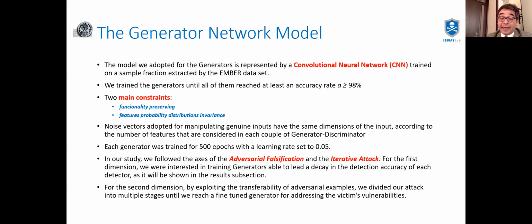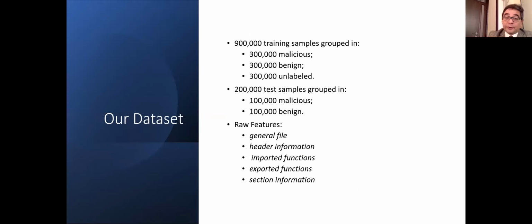Of course, in our study, we followed the axis of the adversarial falsification and iterative attack. For the first dimension, we were interested in training the generators that could cause a decrease of precision, of accuracy, in the malware detection, so in the discriminators. This is the overall dataset.